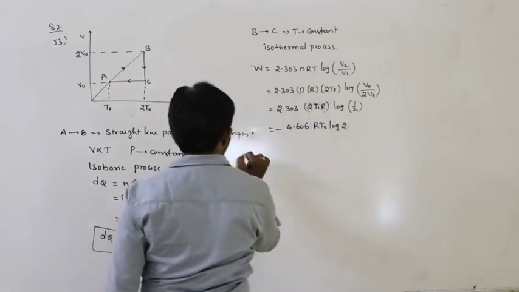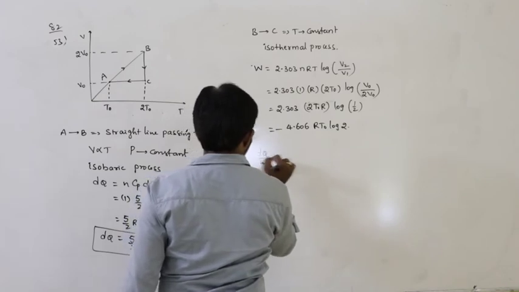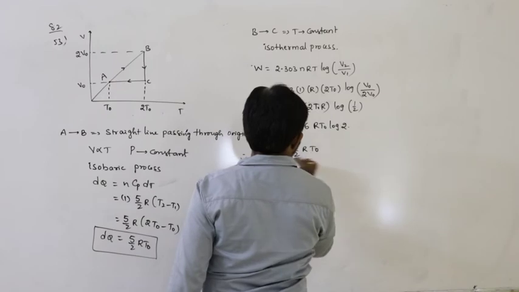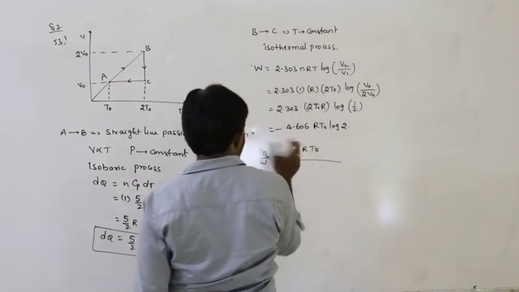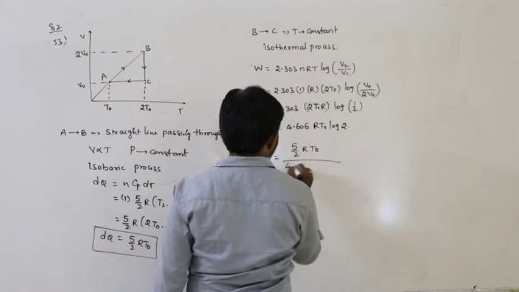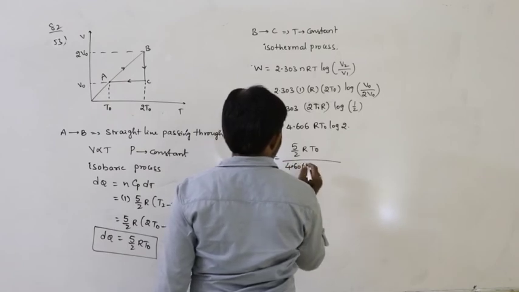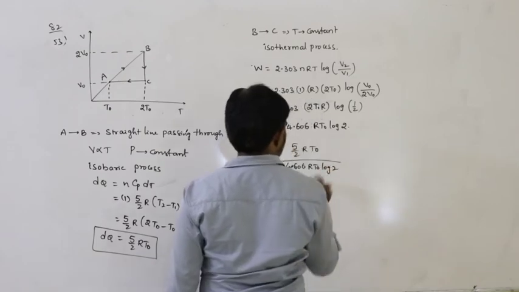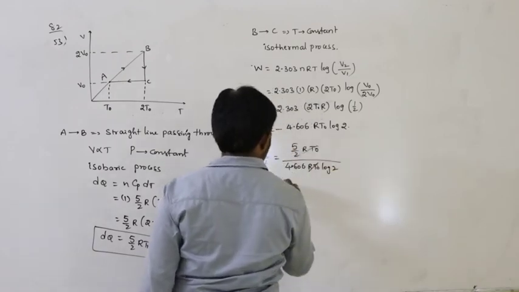So therefore the ratio dQ by W can be written as 5 by 2 R T naught divided by 4.606 R T naught log 2. This is work done on the system, that's why it is negative. Let us consider the magnitude. R T naught cancel.